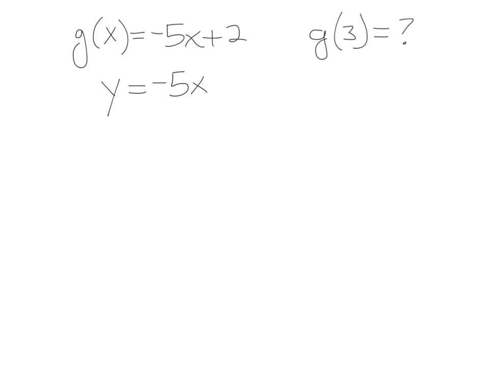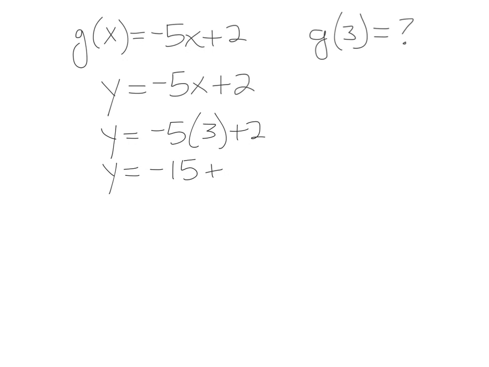Y equals negative 5x plus 2. Now this weird code is saying, see how there's the x in the parentheses and the 3 in the parentheses? So they're saying take that 3 and put it in for x. Substitute it in for x. So y equals negative 5 times 3 plus 2. So y equals negative 15 plus 2, which is negative 13.